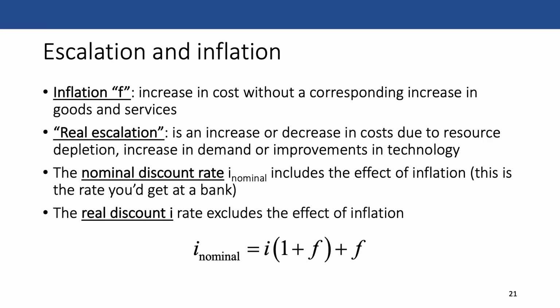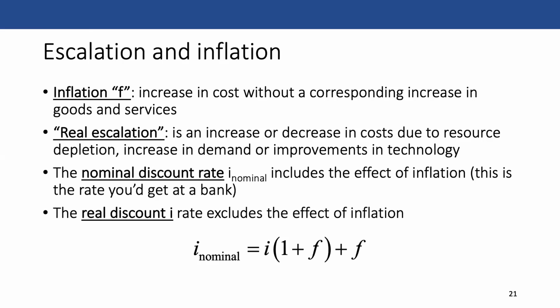That's different from real escalation, where you can see changes in the costs and corresponding prices due to changes in demand or differences with the technology. It can be tricky not to conflate those things, and that's why inflation has this standard index, so that other price changes happening due to other reasons are kept separate.